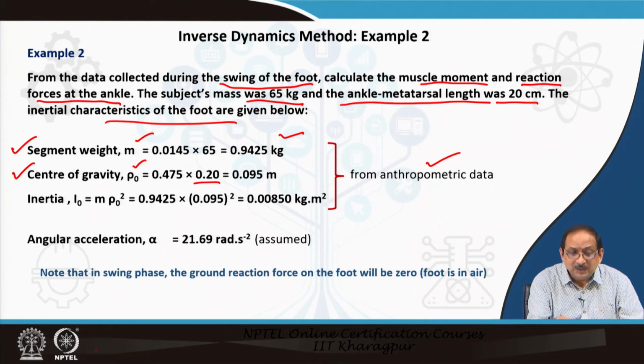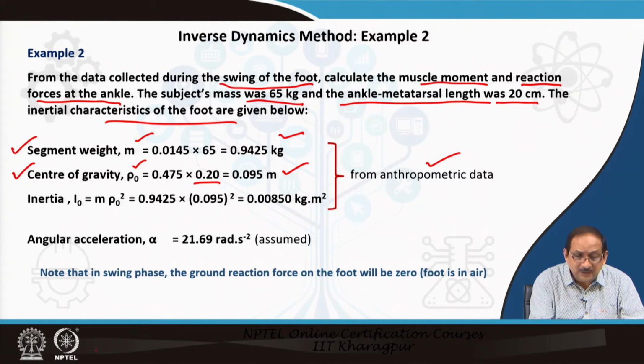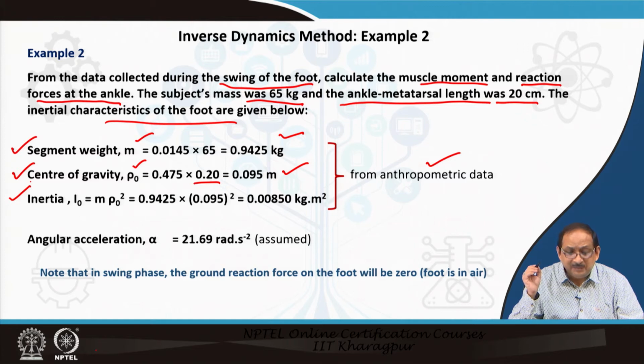So, the center of gravity is located at a position 0.095 meters. The moment of inertia can be calculated as a product of the mass and the radius of gyration squared.